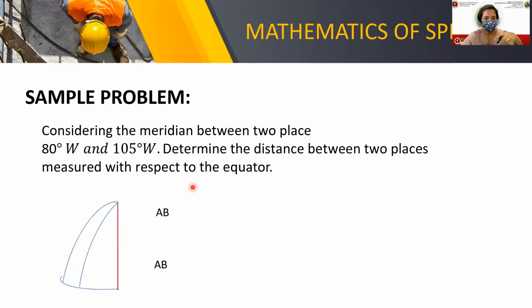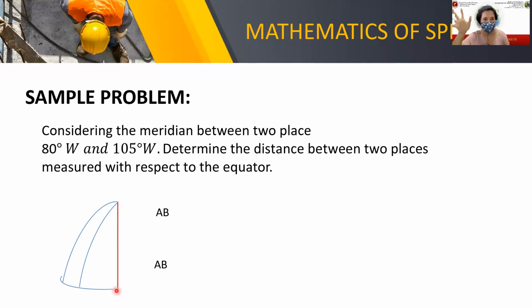So we have here an illustration. If this is the North Pole, for example, then this is 0, our longitude.